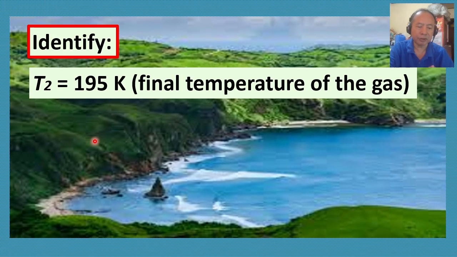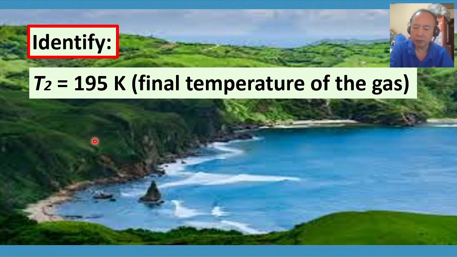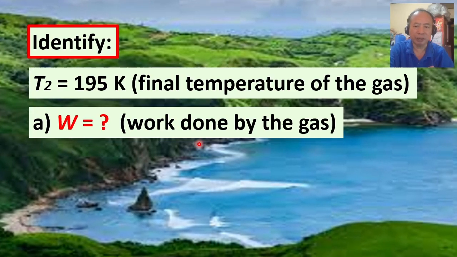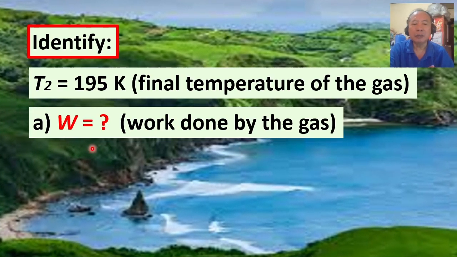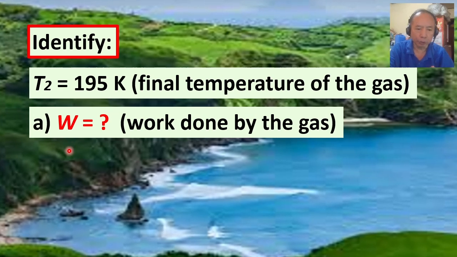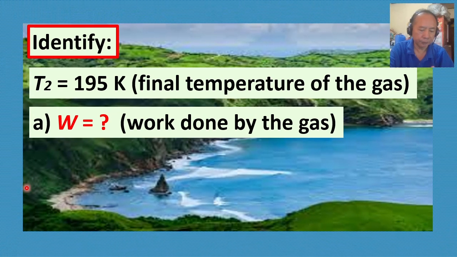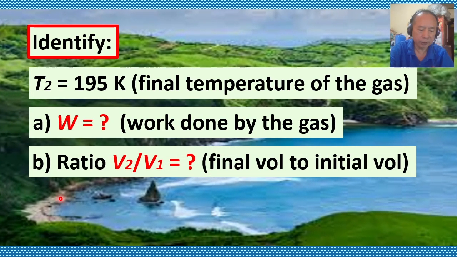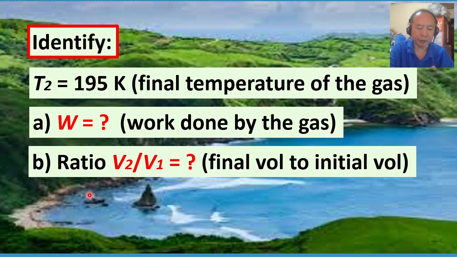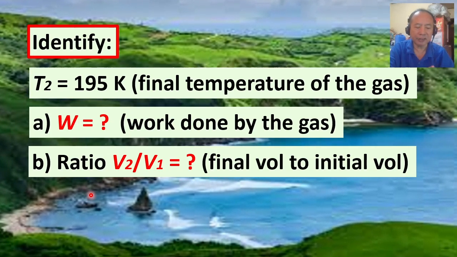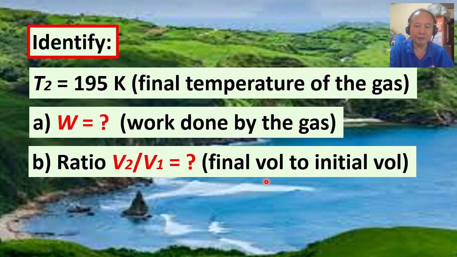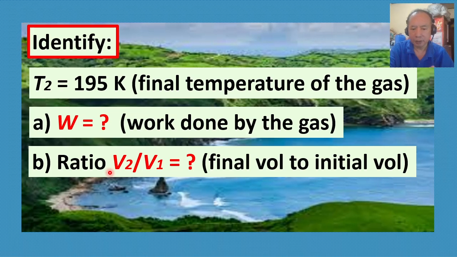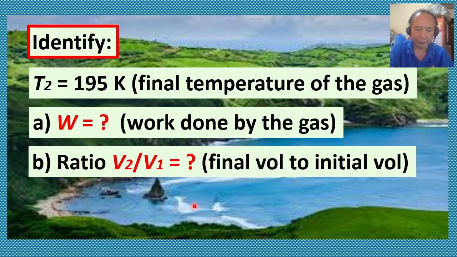Our target variables in this problem include, in part A, the amount of work done by the gas. So we denote that by capital W. And in part B, we are required to find the ratio of the final volume of the gas to its initial volume, V sub 2 over V sub 1.